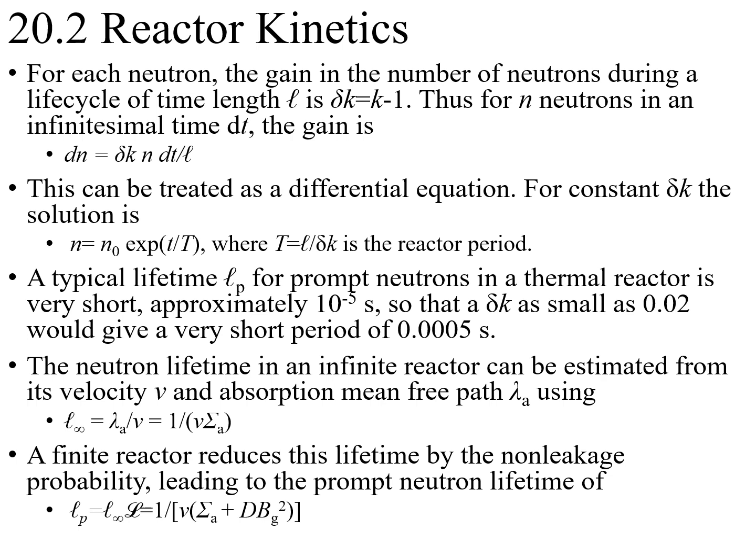Therefore, if at the beginning you have n neutrons, then after time dt, the gain of neutrons, dn, is equal to delta K times n times dt over L. And if dt is equal to L, then you will have the increase of the neutron population, that is delta K times n.